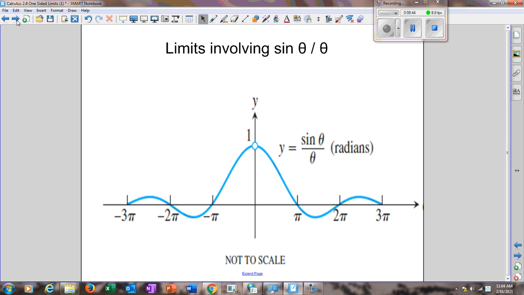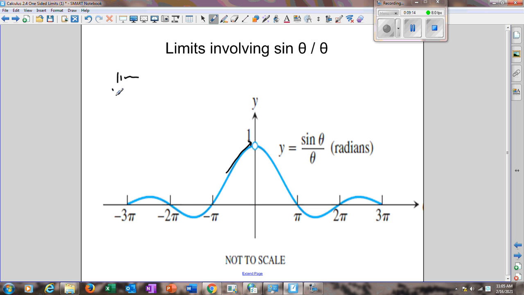Limits involving sine theta over theta. So one of the facts about sine theta over theta is that in radian measures, its limit as theta approaches 0 is 1. Because if I'm coming from the left-hand side, it's going to 1.